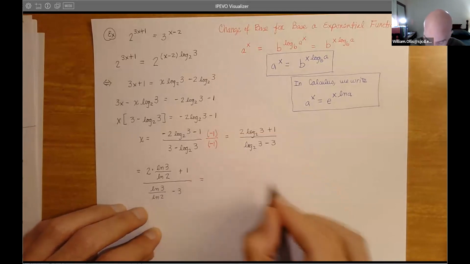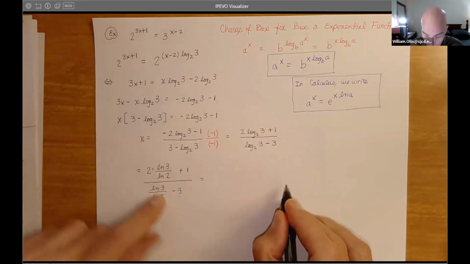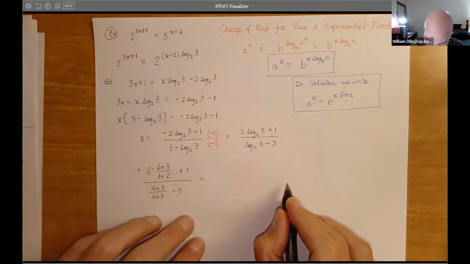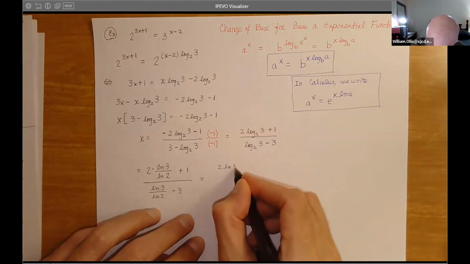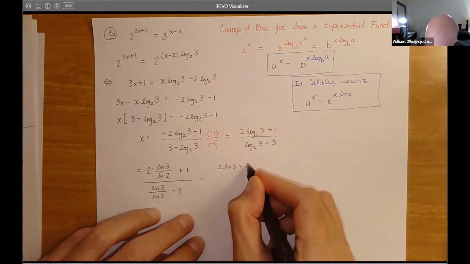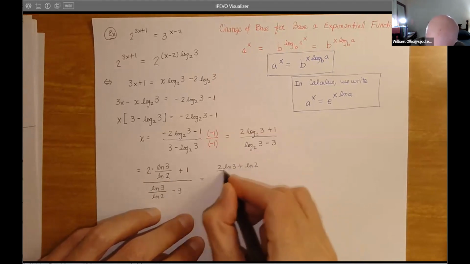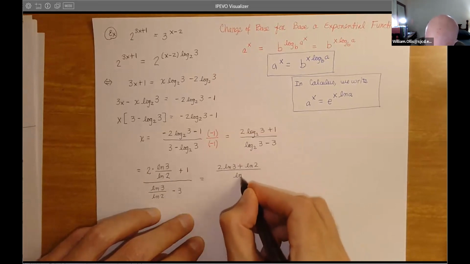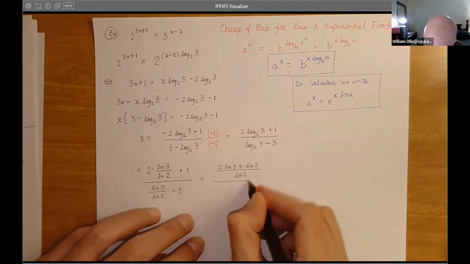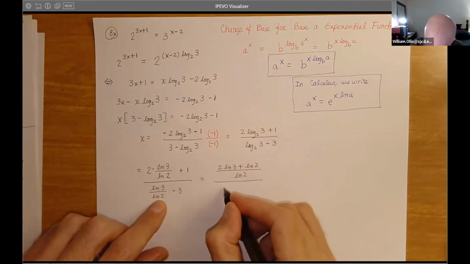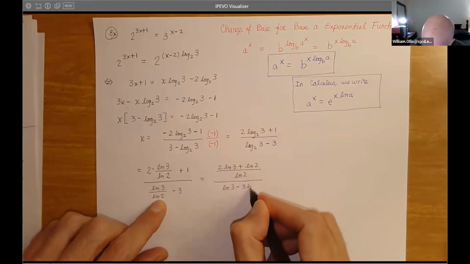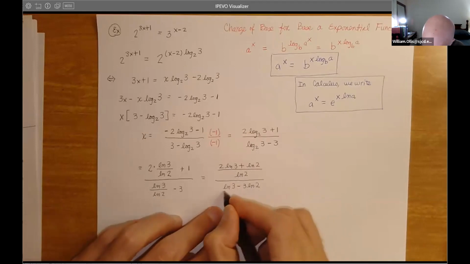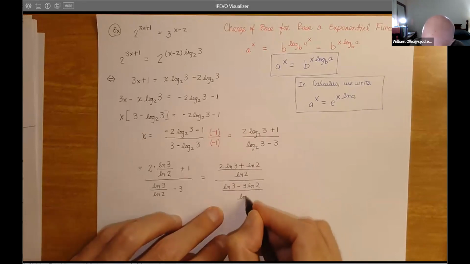Now, of course, let's just go ahead and get a common denominator so the ln's of 2 will absorb. So we get 2 ln 3 plus ln 2 all divided by ln 2. And here we'll do the same, ln 3 minus 3 ln 2 divided by ln 2.